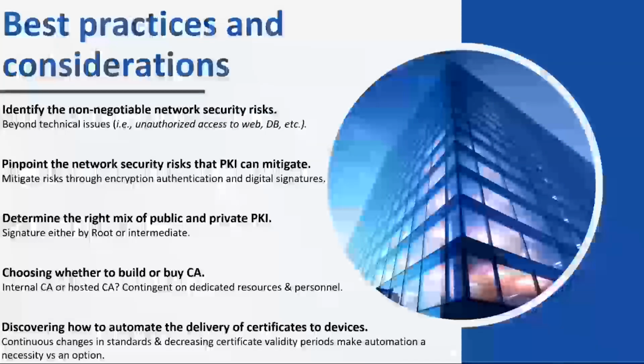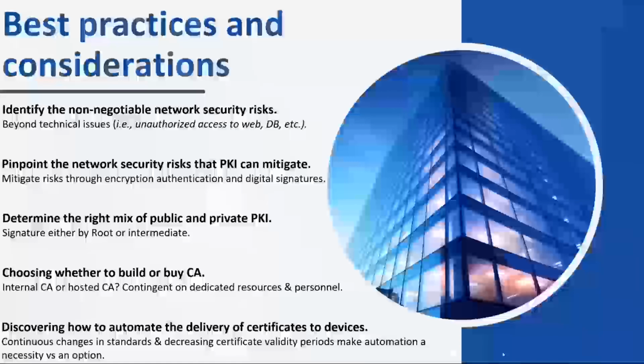Tim, that's so right. Here's something else you don't want to screw up. If you're going with private CAs and private PKI, there's actually a sub bullet point here: signature either by root or intermediate. And let me tell you what that means, Tim. When you're going with a modern private CA, even if it's cloud native, you don't have to make a hard decision to give up your root.